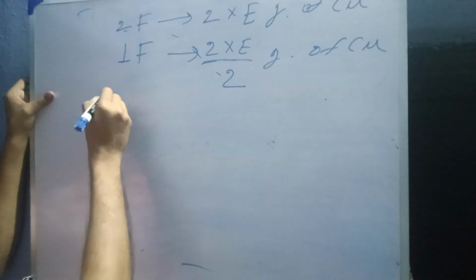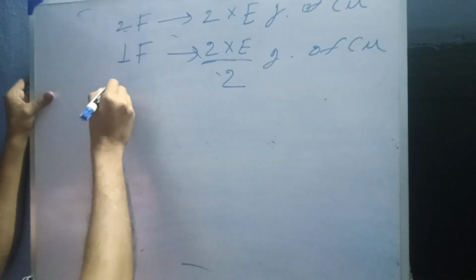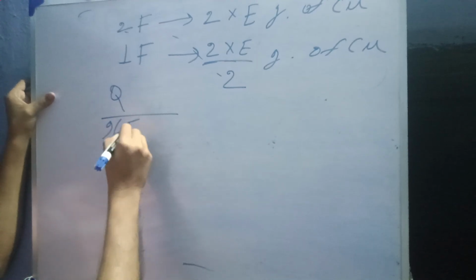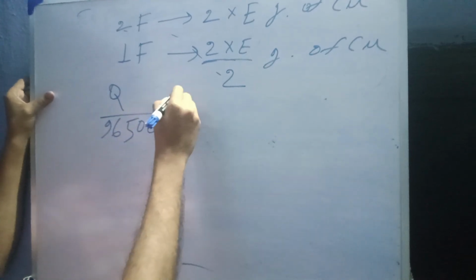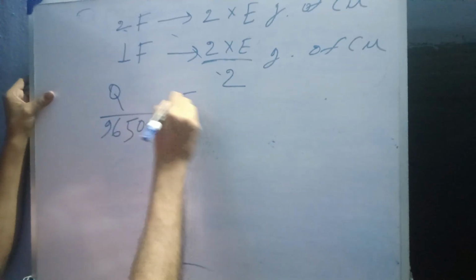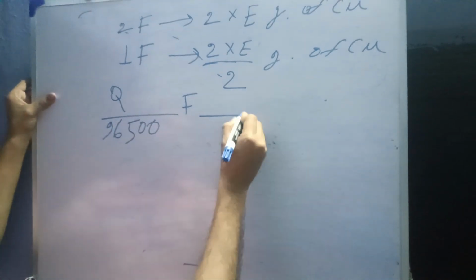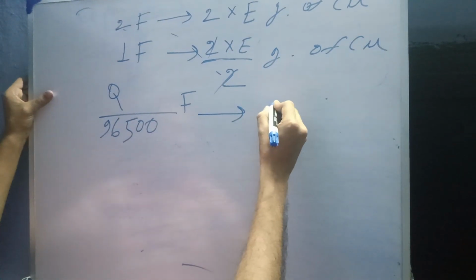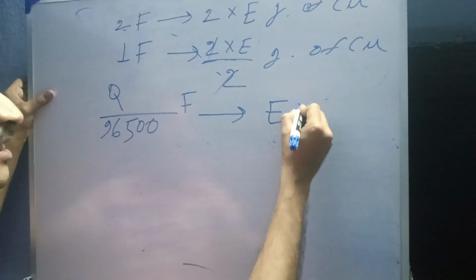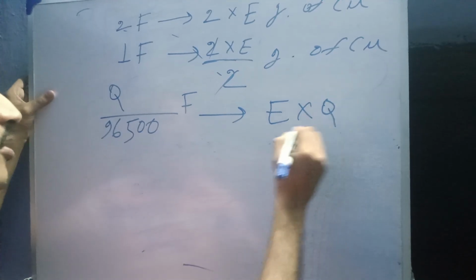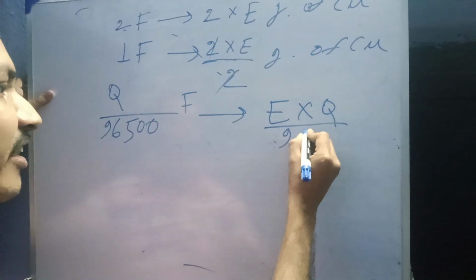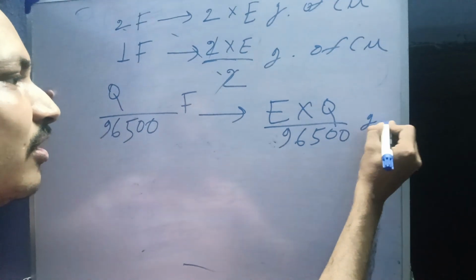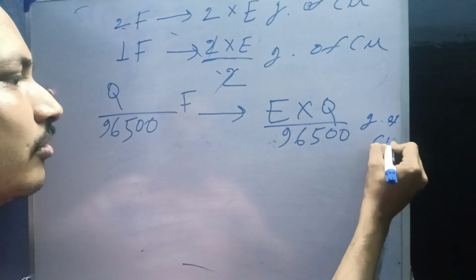Hence that q coulomb charge is equal to q by 96,500 Faraday. Hence this produces E into q by 96,500 gram of copper.